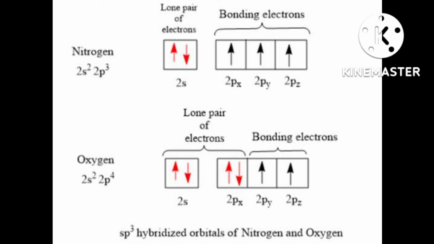These 2 sp hybrid orbitals are oriented in opposite directions, forming an angle of 180 degrees.